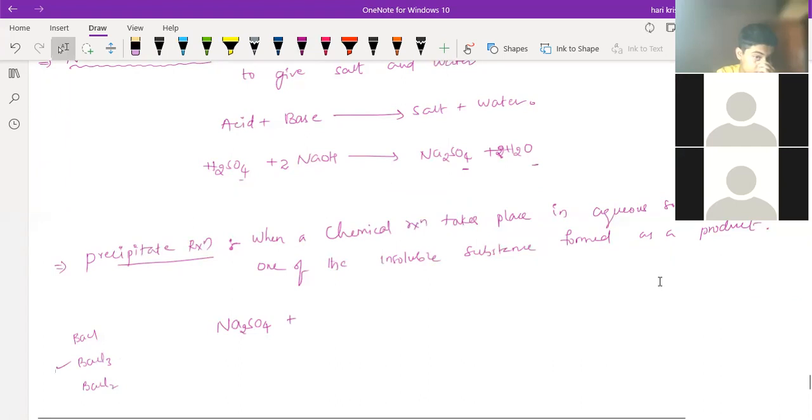Sayakshit is there, right? Pranav and Sayakshit. Sir, it's BaCl2, sir. Pranav, what is the formula?